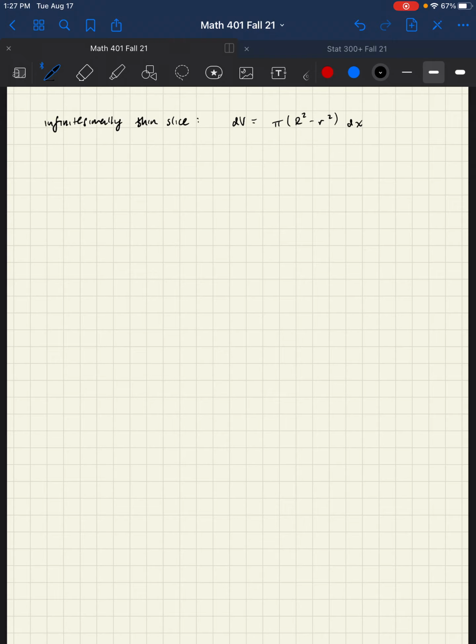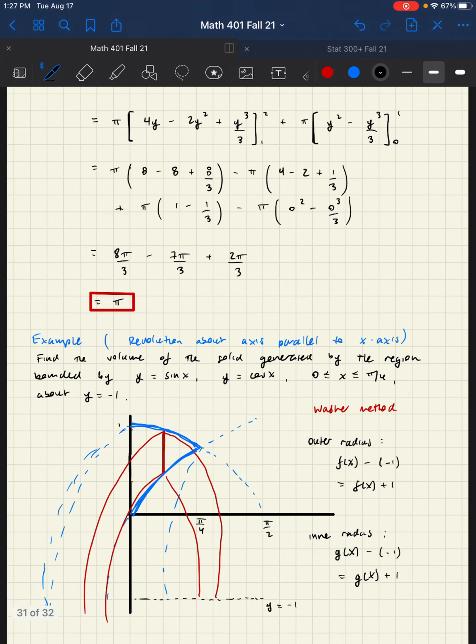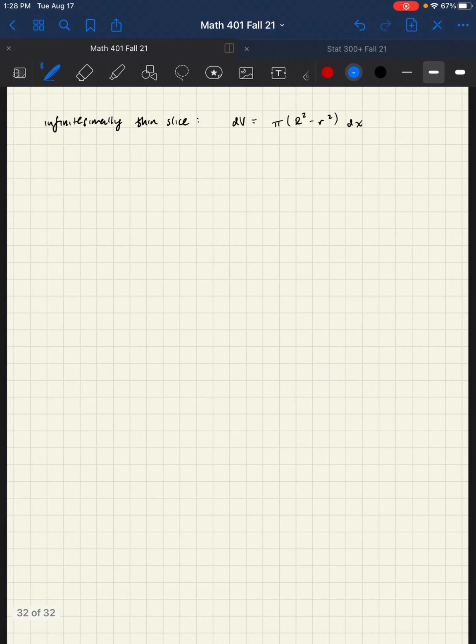But capital R squared and little r squared depend on the distance to the axis of rotation, and we already factored that in on the last page.